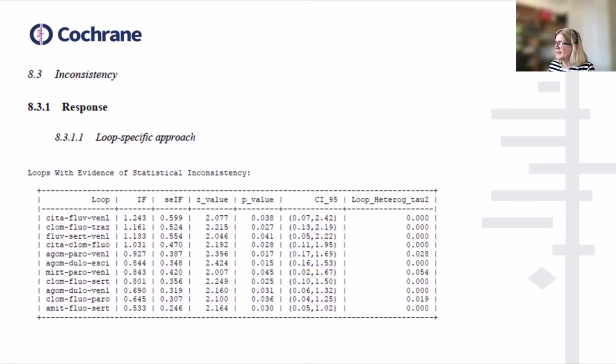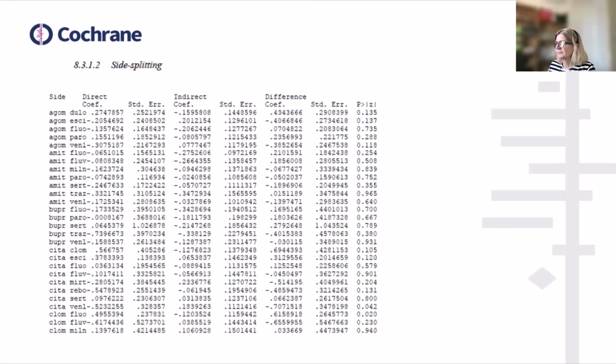As a reminder, the loop-specific approach assesses inconsistency between the direct and indirect evidence in a particular loop. So if we look at the citalopram, fluvoxamine, venlafaxine loop, we can see that this loop has an inconsistency factor, or IF, of 1.243 with a p-value of 0.038. Here are the results from the node splitting or side splitting test.